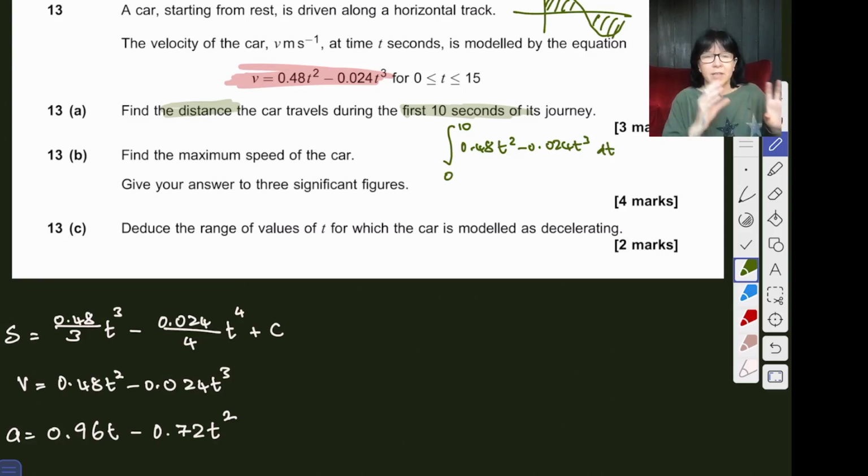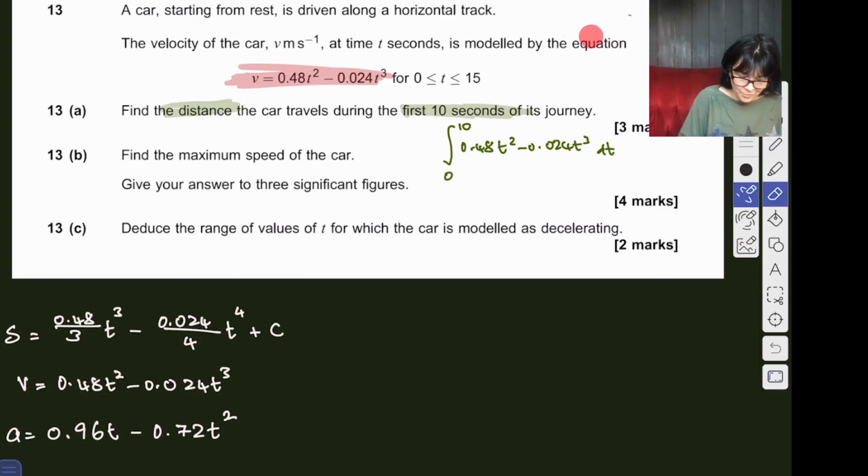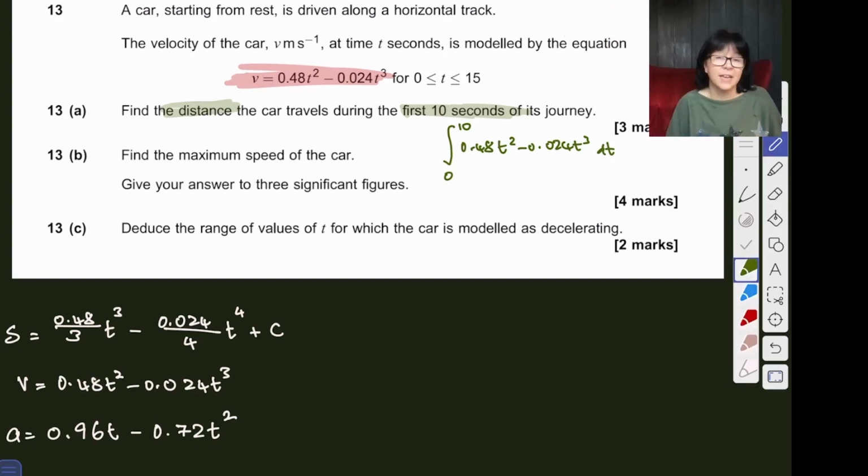All of these questions, they are asking you for distance, not displacement. If it said displacement, then we could just go ahead and integrate and put the limits in, but it never does. It says distance. So I need to know what that VT graph looks like so that I can tell whether or not I need to break my integral up into bits. So sadly for everyone, this is where a bit of graph sketching does come in.